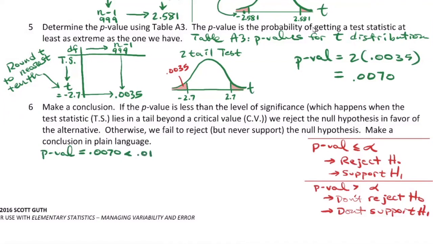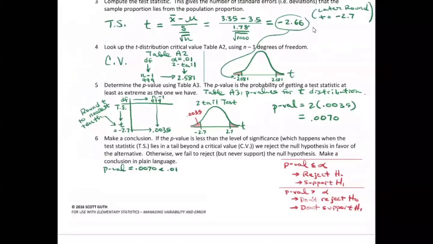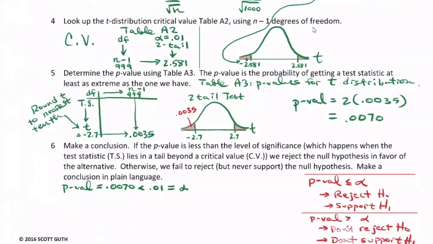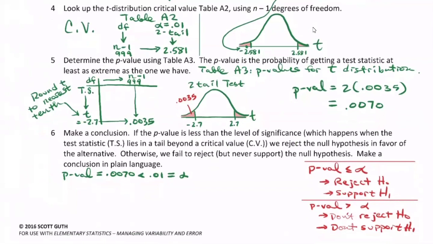Let me double check this. Yeah, and that's alpha, which means we're going to reject the null hypothesis and support H1.